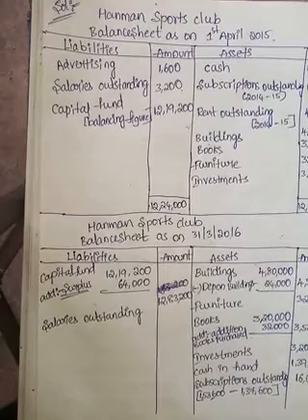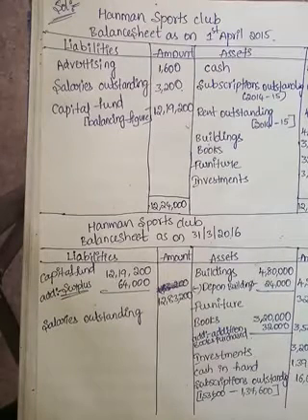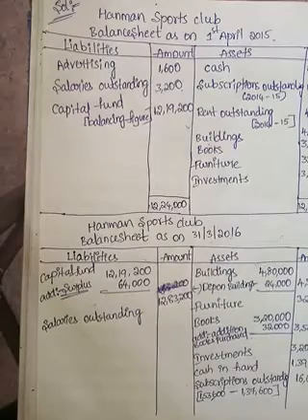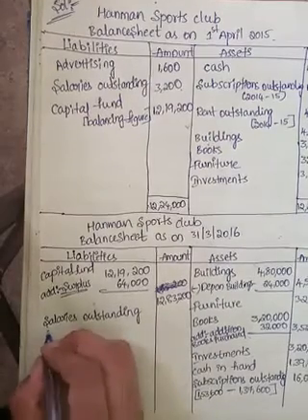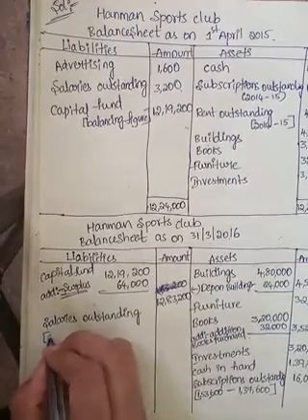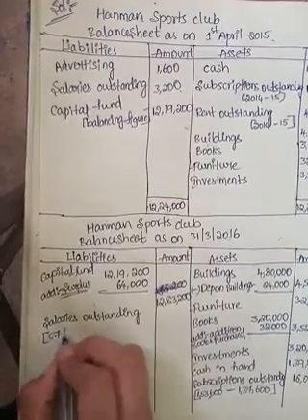Next is salaries outstanding. How much is the actual salary? 57,600.